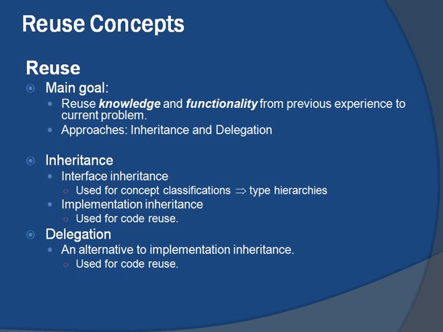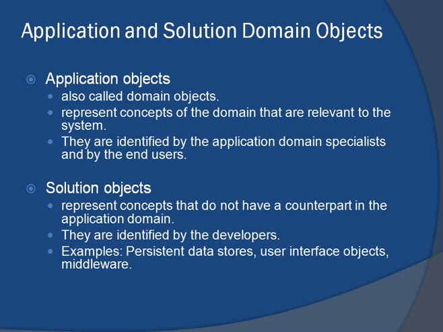Implementation inheritance makes use of code reuse. By implementing the inheritance, we actually make use of the existing code. Now delegation is an alternative to implementation inheritance, where we are also using the existing code again.